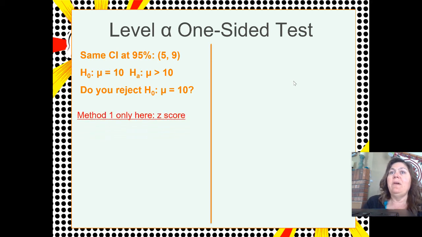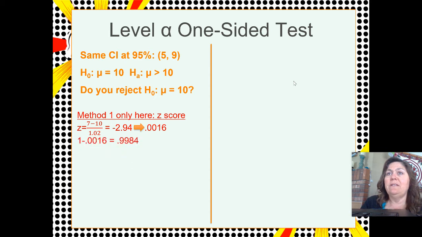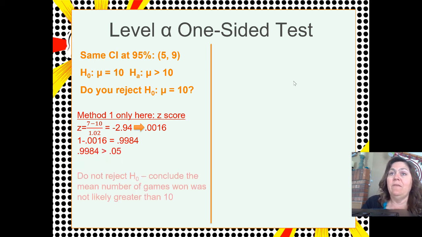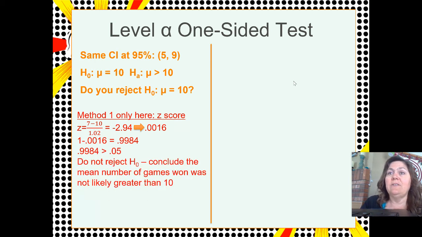The only method you could have done here is method 1, finding your z-score. So here's your z-score. And since it's one-tailed, right-tailed, we're going to subtract that from 1. That is definitely bigger than 0.05, so we will not reject H0.